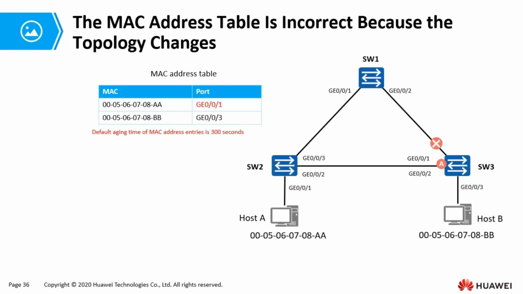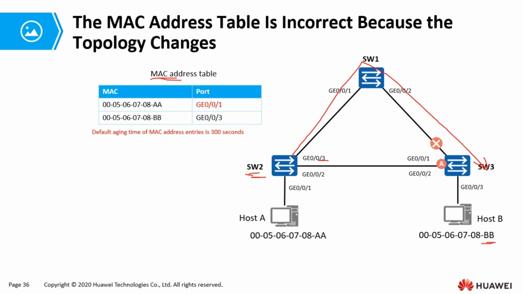On a switch network, a switch normally forwards data based on the MAC address table. For example, under switch 3 here, in order to reach host B, we have to go through G0/0 and forward to switch 1 and then to switch 3.